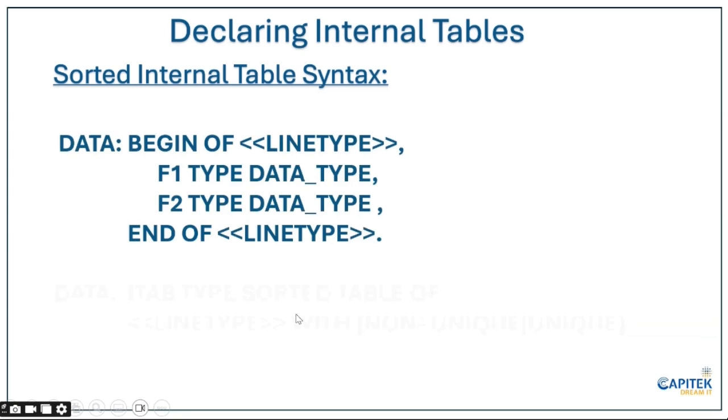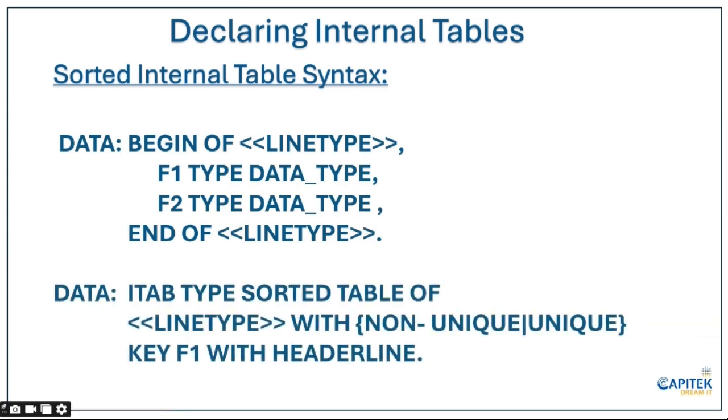Similarly, here for the sorted internal table, we explicitly mention sorted table. When we say sorted, whatever features a sorted internal table should have will be acquired by default internally in the ABAP program. So this is about the sorted internal table.